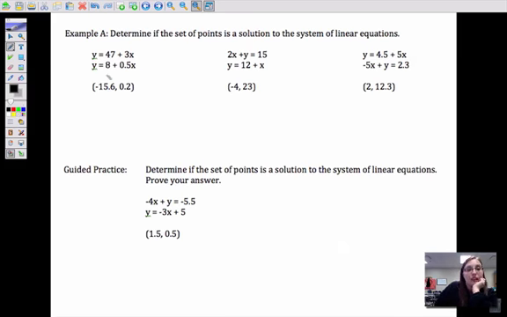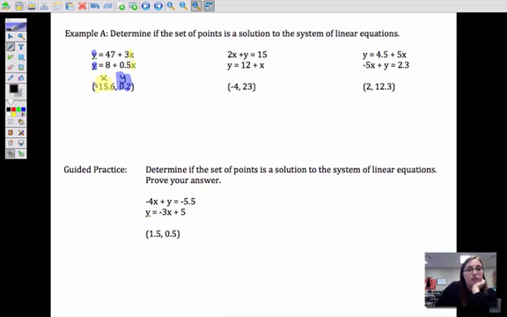So the basic is you need to know that a point is x, y, and then all you're going to do is take each equation and you're going to show algebraically if the coordinate point is a solution or not. So what I'm going to do is I'm just going to take my coordinate point and I'm going to put the y in the y spot, and I'm going to put the x in the x spot.